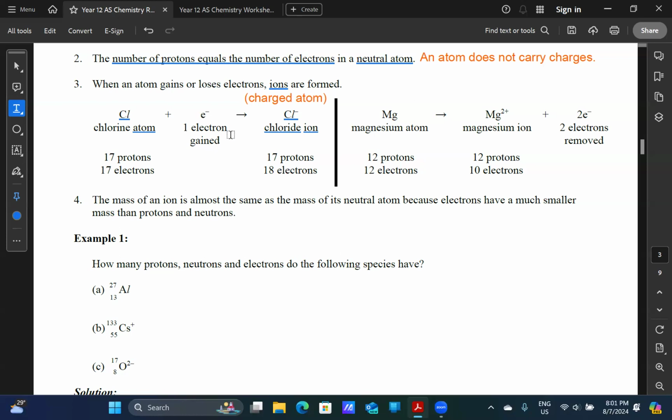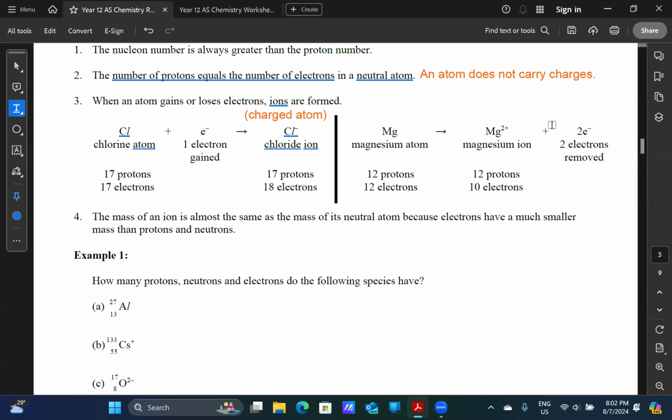To show the gain of electron, please take note. When you write the equation, the position of the electron is before the arrow to show that the chlorine atom gains an electron. If an atom loses an electron, the position of the electron will be after the arrow. Please take note on how to show the transfer of electron.